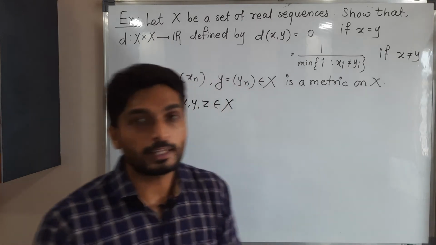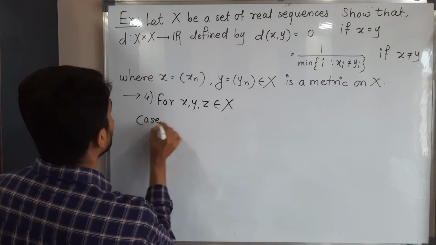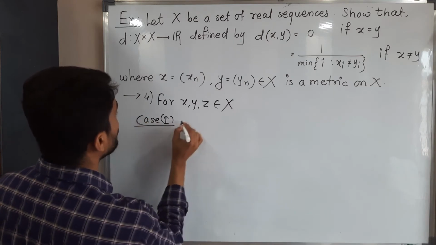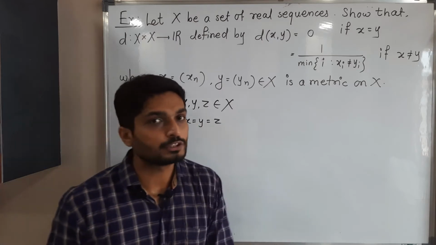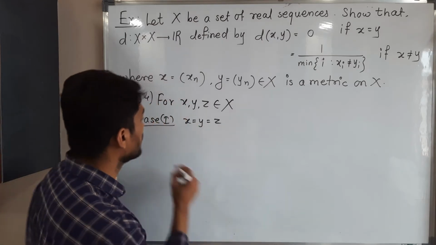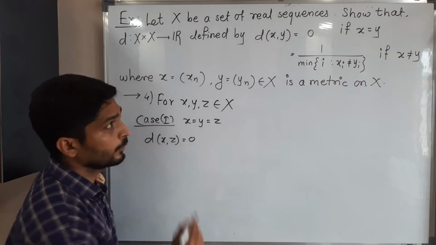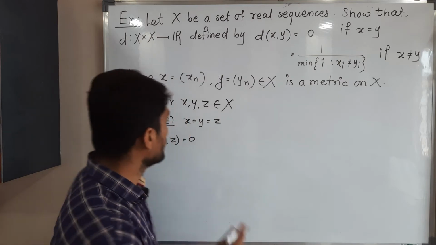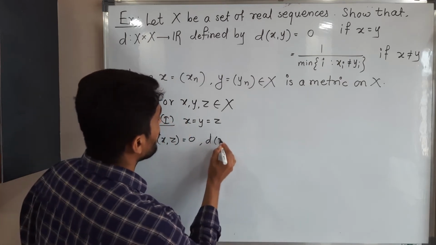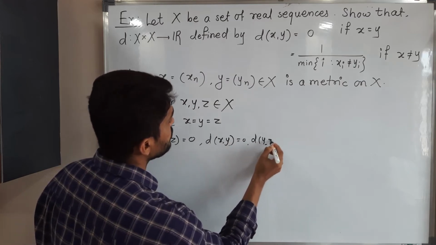Case number 1. Can you tell me what case number 1 is? Case number 1 is all are equal: x is equal to y, which is equal to z. See what will happen in that case. d of xz is 0, since the definition says if elements are equal, the value is 0. So d of xy is also 0, and d of yz is also 0.